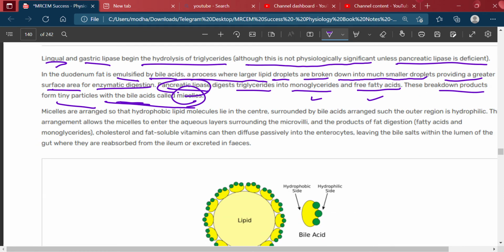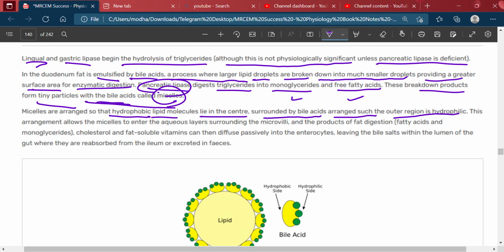These micelles are arranged so that the hydrophobic lipid molecules lie in the center, surrounded by bile acids arranged such that the outer region is hydrophilic. So the hydrophobic lipid molecules are in the center and the hydrophilic bile acids are on the outside.